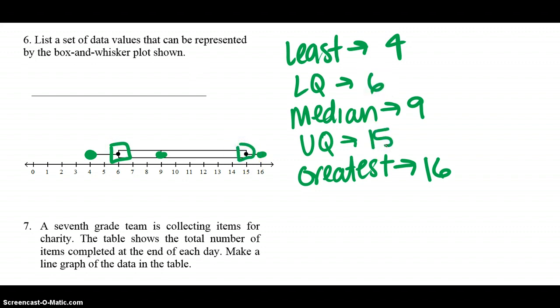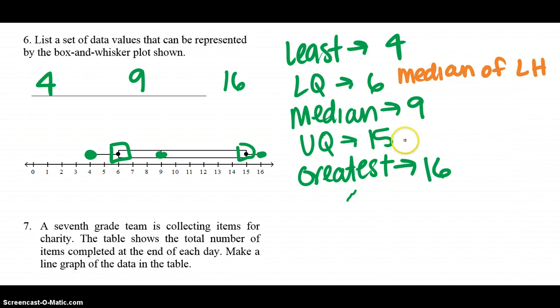Now I need to find a set of data that makes all of these true. My least has to be 4 and my greatest has to be 16, so those have to be included in the data. My median is 9, which also has to be included. The lower quartile is the median of the lower half, I'm going to abbreviate LH, and the upper quartile is the median of the upper half.